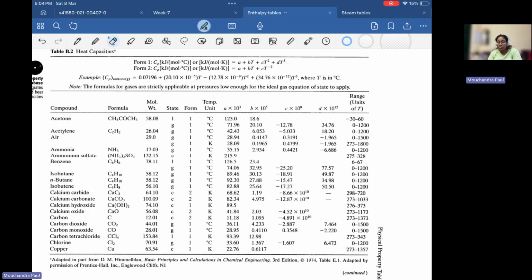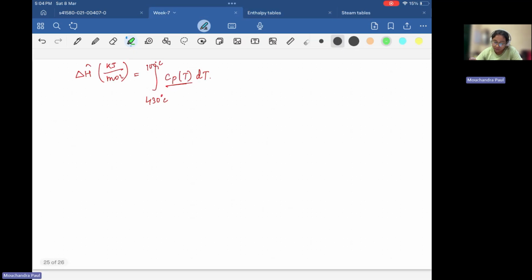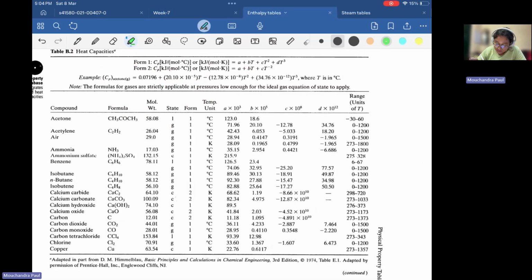And in this table, they have also given an example on how to write this entire expression with the values of A, B, C, and D. So for air, which is a gas, and the unit is degree Celsius, the values of A, B, C, D are as follows.